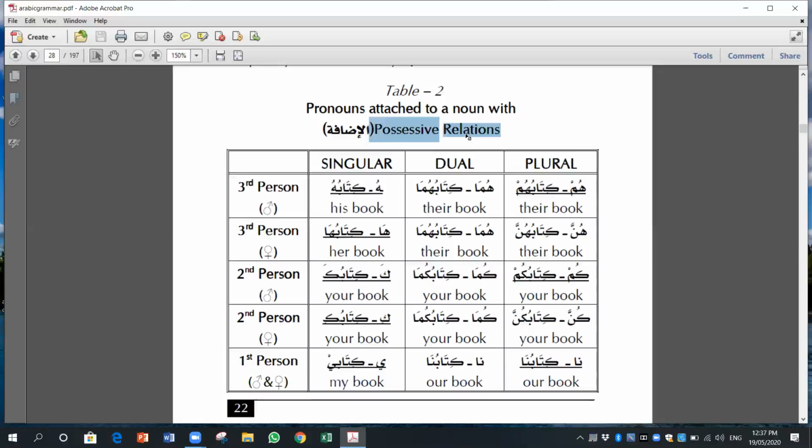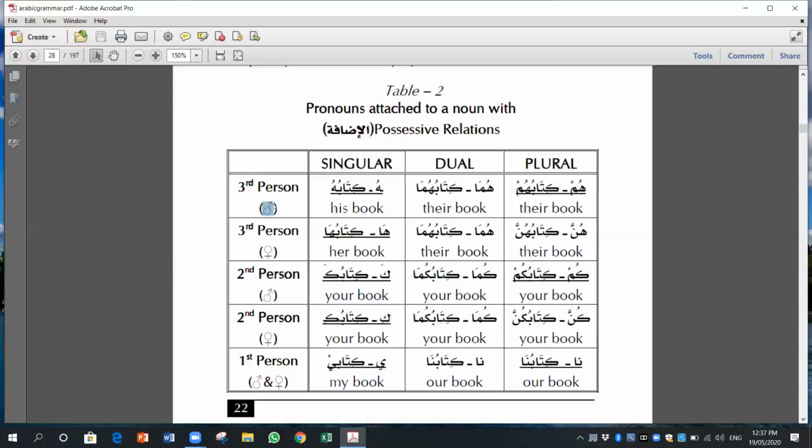What does possession mean? That I possess it. Kitabuhu means his book. This who means his. Because we said that this first one is third person male, if we want to say that this book is for that boy, this is a possessive pronoun.